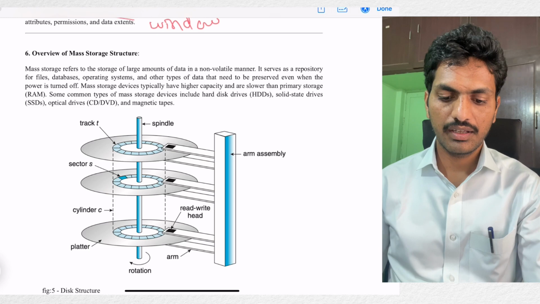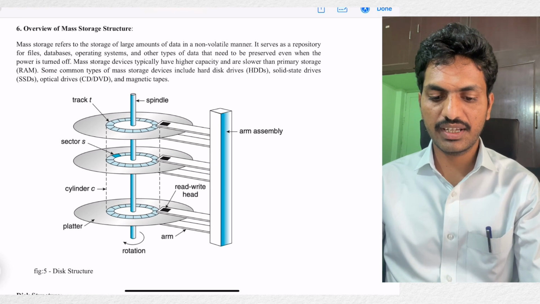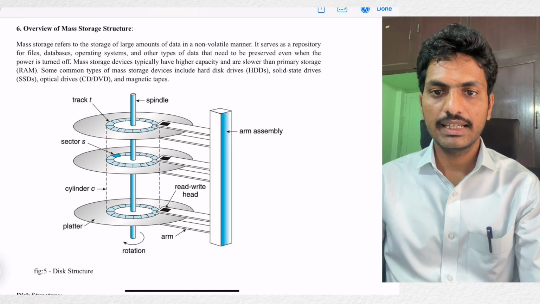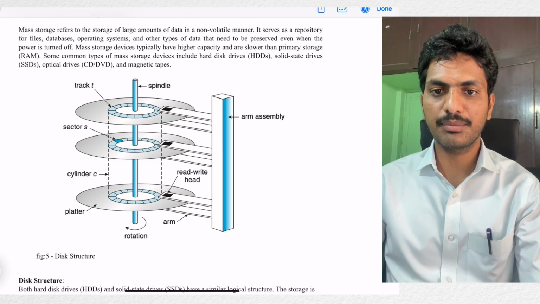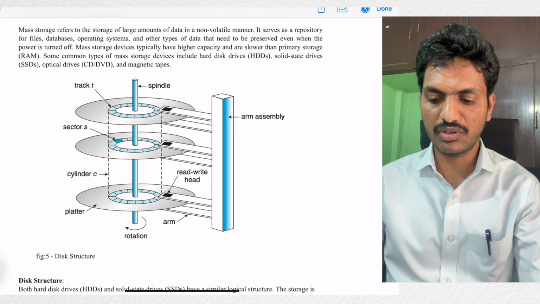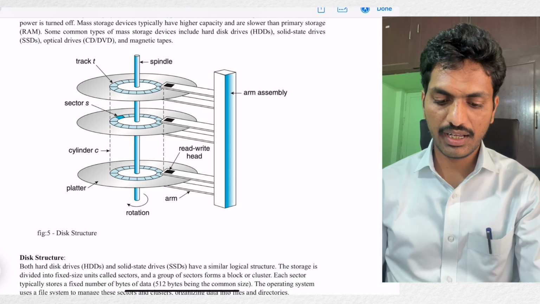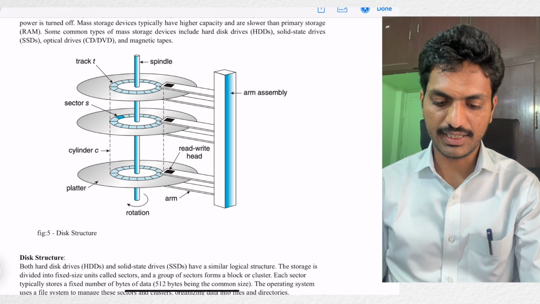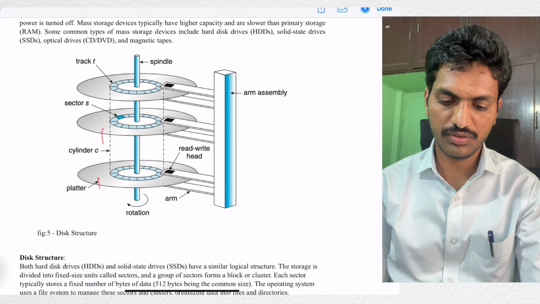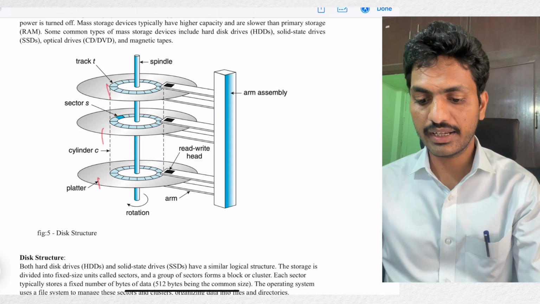Next one, mass storage structure. What is mass storage structure for? For storing a large amount of data. See here, how many letters are there? 1, 2, 3, like that.